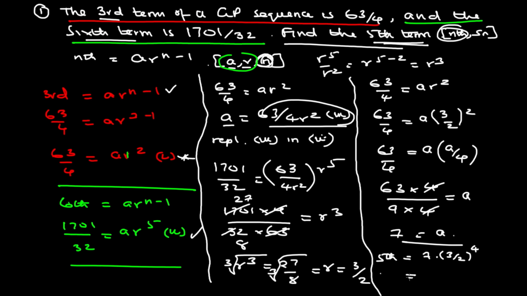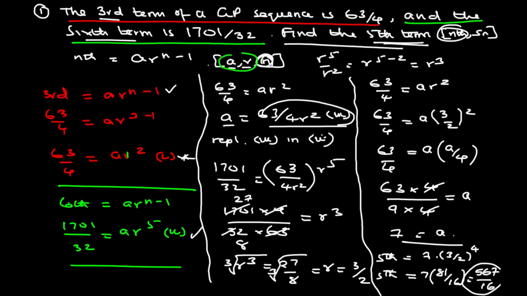So this is going to be 7 times 81 over 16, which is equal to 567 over 16. So that will be our fifth term.